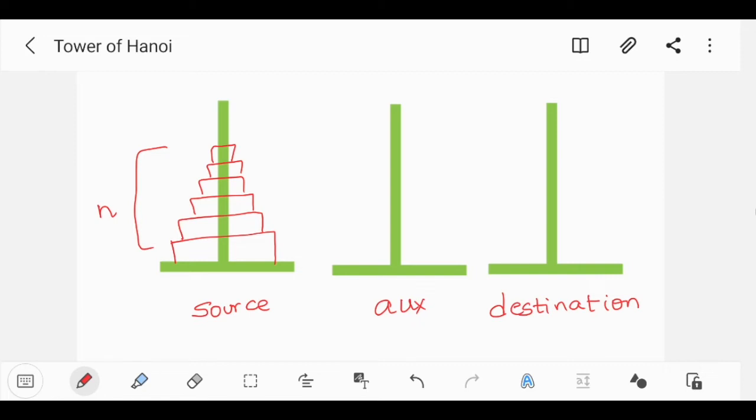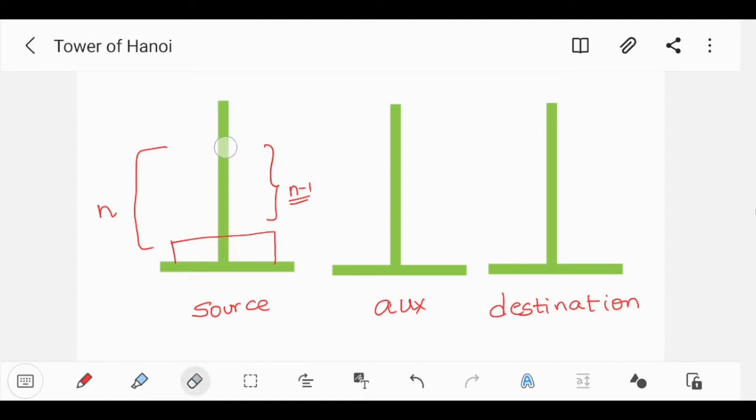If somebody does the job of transferring the top n minus 1 disks, if I have them recursively move and go to auxiliary. I repeat, the first step would be to transfer the n minus 1 disks from the source to the auxiliary.